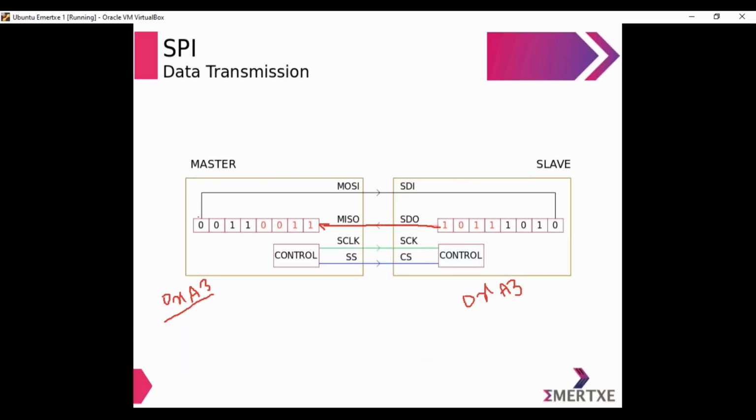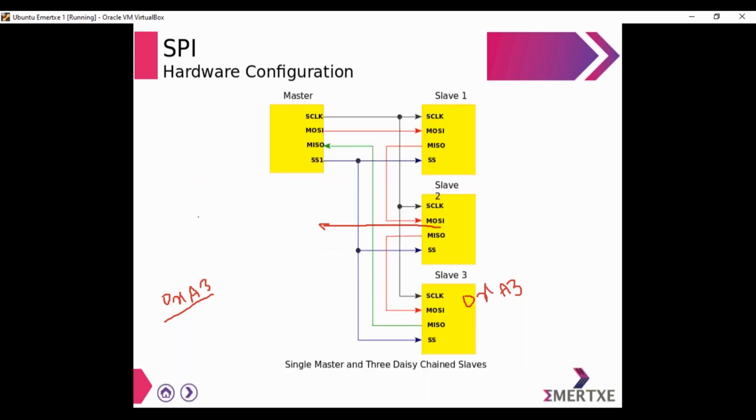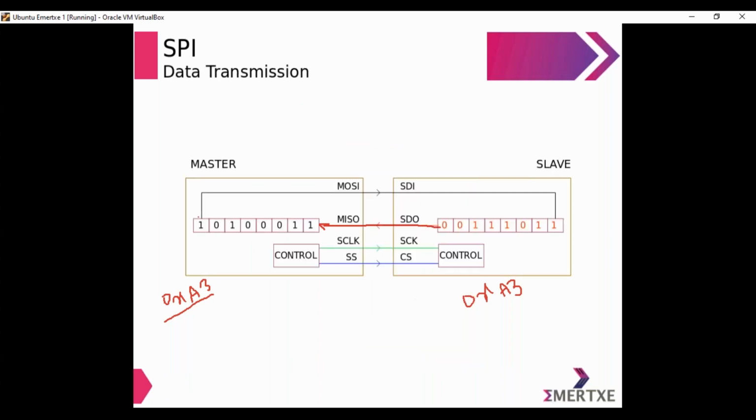This is the data I have initially in the master, 0xA3. One MSB I shift, it comes to the LSB. Similarly, the MSB of the slave is received at the LSB of the master. Then one more bit from the master goes to the slave, and the MSB of the slave comes to the LSB of the master.